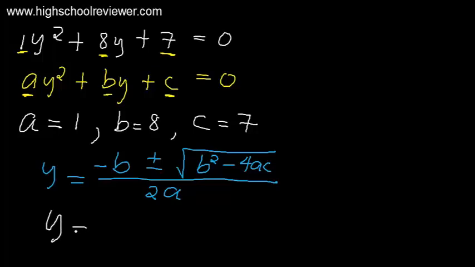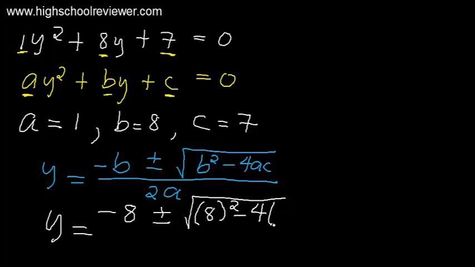So y here will be equal to negative, our b is positive 8, so this will be negative 8 plus minus the square root of b squared minus 4ac. Our b is positive 8, raise this to the power of 2, minus 4 multiplied by a, which is positive 1, and our c is positive 7.